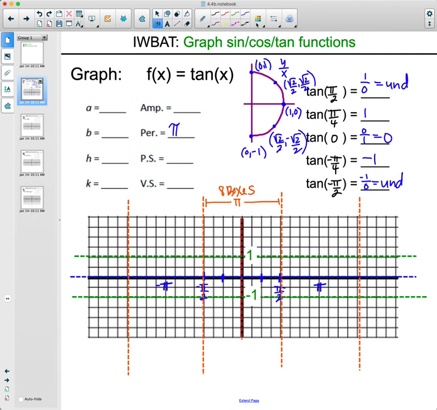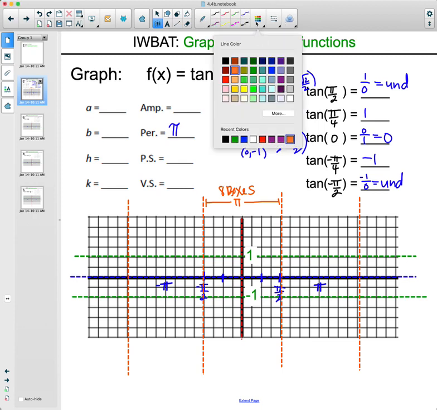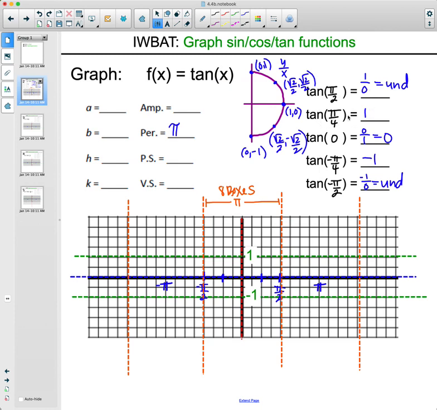So now let's plot these other points here. So we've got tangent of 0 is 0. So at 0, tangent is 0. Then at pi over 4, tangent is 1. So at the ordered pair of pi over 4, we're at 1. So pi over 4, 1.